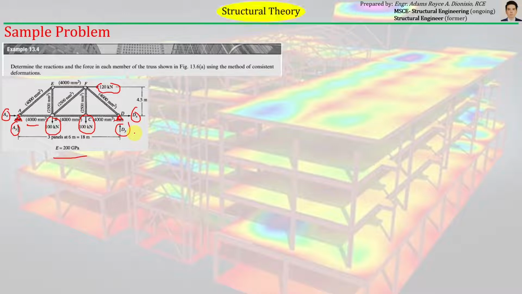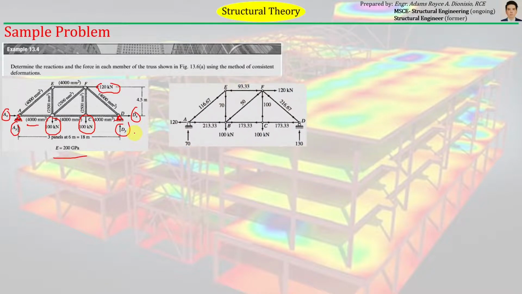We just have to choose the redundant that we want to use. For this particular example, we have chosen the horizontal component of the reaction at point D to be the redundant. So this will be our primary structure.